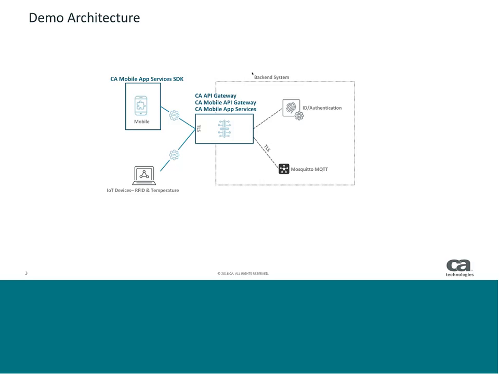And I've also set up 2 Arduino-based devices with 2 RFID readers and 2 temperature sensors that are publishing data to the gateway. Now, the gateway is actually pushing this data out to MQTT. I have a Mosquitto client running back here as well. And that data is being published to 2 queues, one being a temperature queue, one being an RFID tag queue.